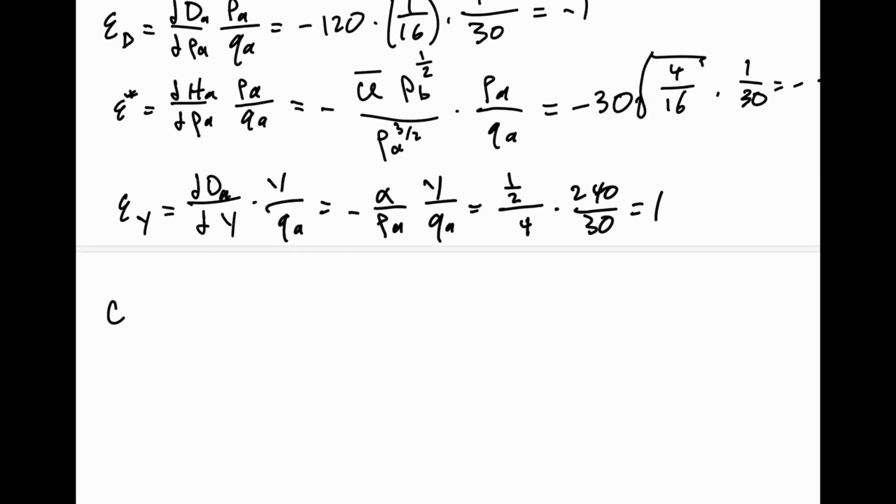So then all we're left with is this expenditure function, or sorry, not expenditure function. This is the total expenditure on A. So we have PA QA over Y. And this comes out to be 4 times 30 over 240, which is 1/2.